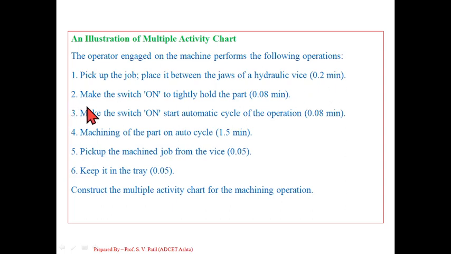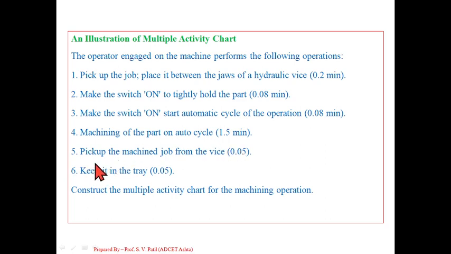Second activity, make the switch on to tightly hold the part, 0.08 minute. Third activity, make the switch on, start automatic cycle of the operation, 0.08 minute. Fourth activity, machining of the part on auto cycle, 1.5 minute.